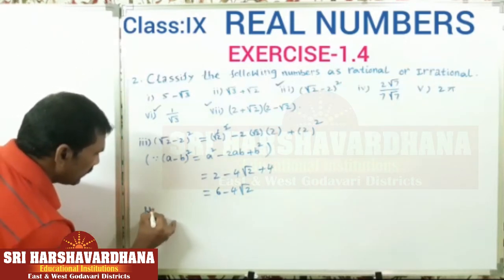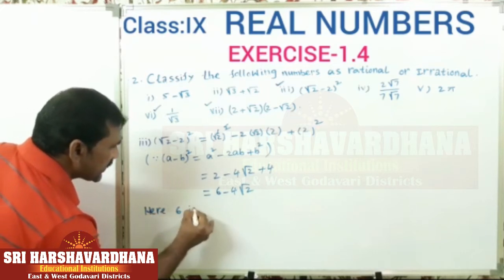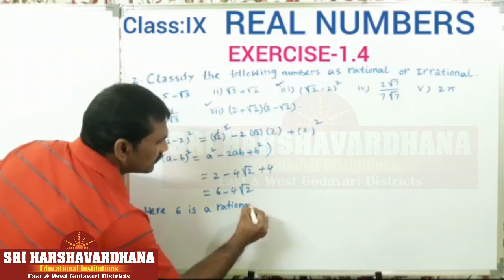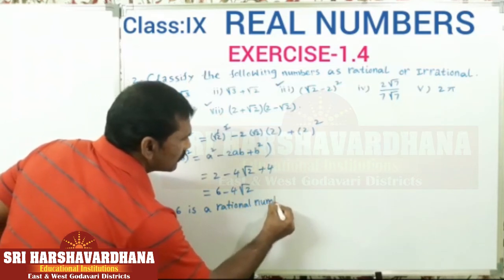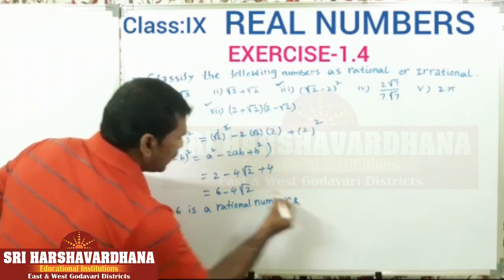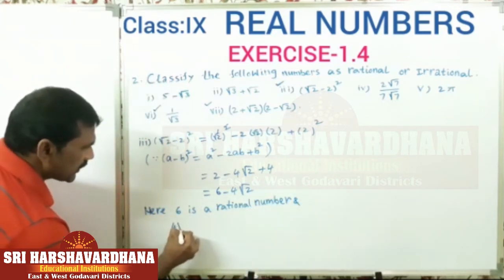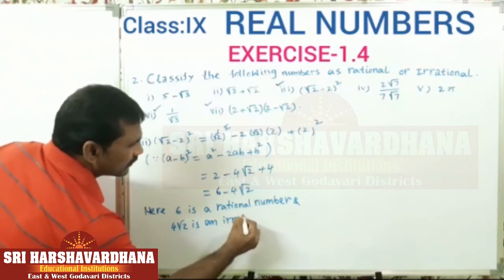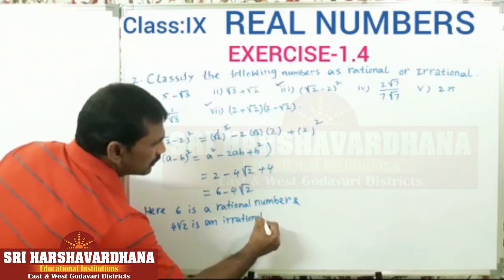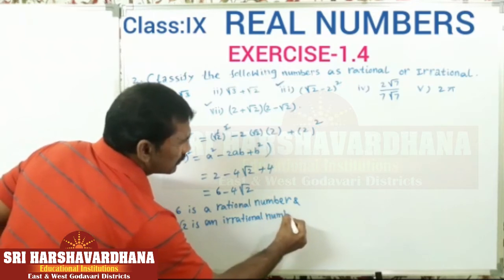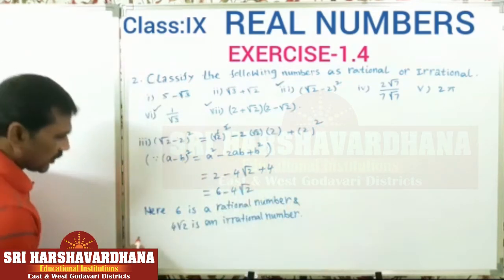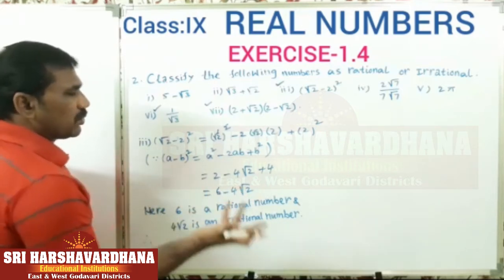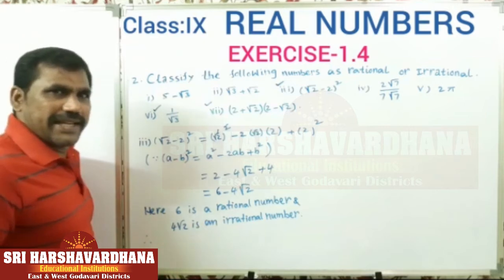Here 6 is a rational number and 4 root 2 is an irrational number. Therefore, 6 minus 4 root 2 is an irrational number.